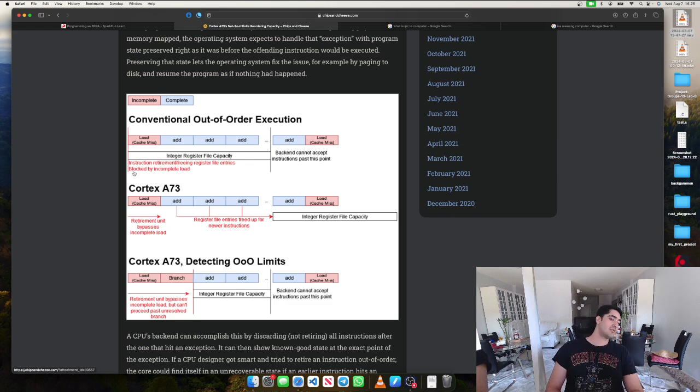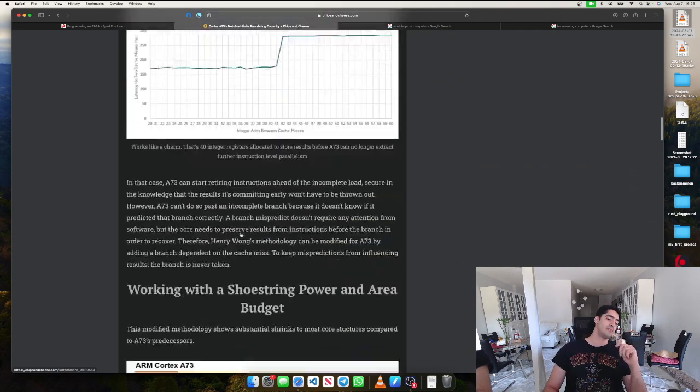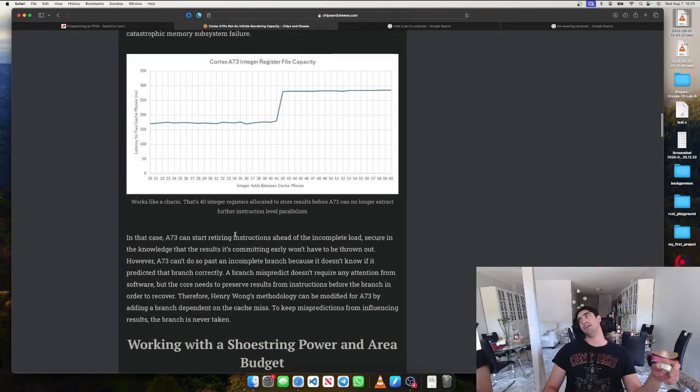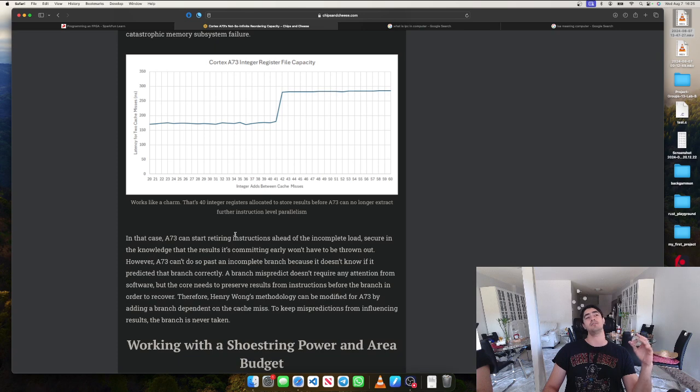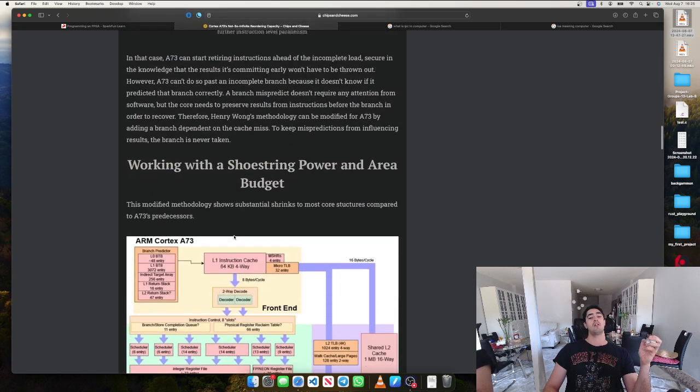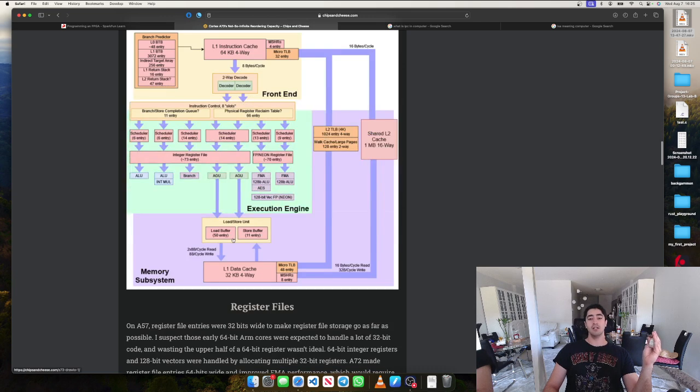But in Cortex A73, you have a way to bypass this. Okay. It kind of makes some sense, but how do you bypass it? And when you bypass it, how do you know your bypassing is fine? It's achieving the thing that you want to achieve. Huh? Is that a fair question to ask?